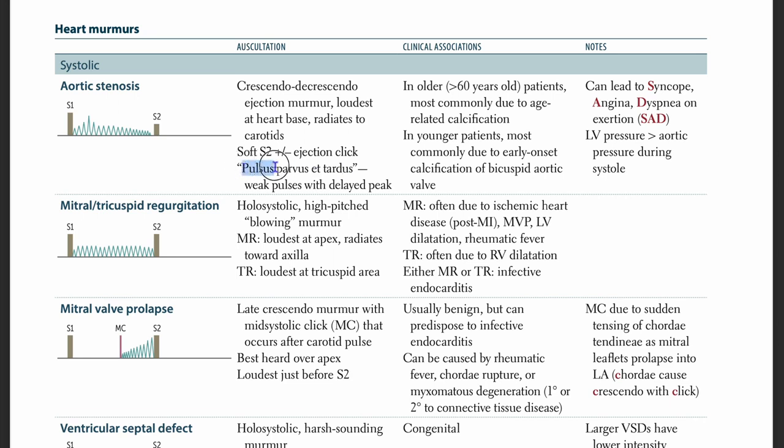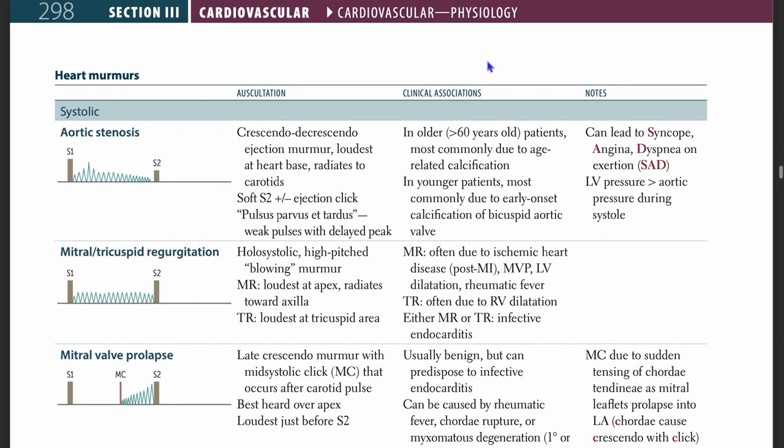Right, so you have pulsus parvus et tardus, weak pulses with delayed peak. Okay, so they're weak and they're late pulses, weak and late. In older, more than 60 years old patients, most commonly due to age-related calcification. In younger patients, most commonly due to early onset calcification of bicuspid aortic valves.